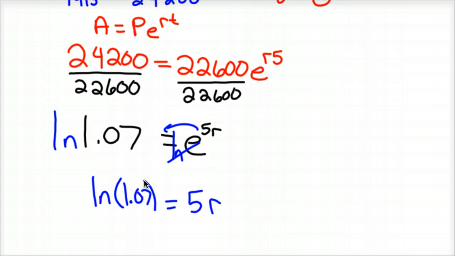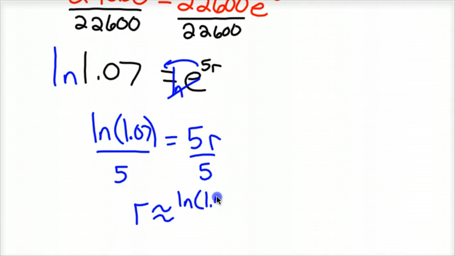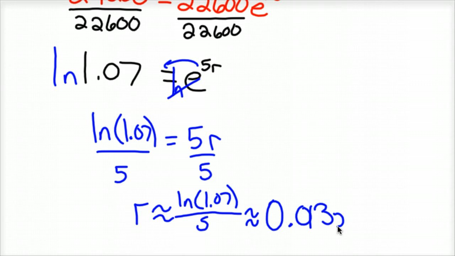Then it's just a matter of dividing by 5 on both sides, and we'll come up with our rate. So R is approximately equal to the natural log of 1.07 divided by 5, which is approximately 0.0135. So that's our rate of growth.